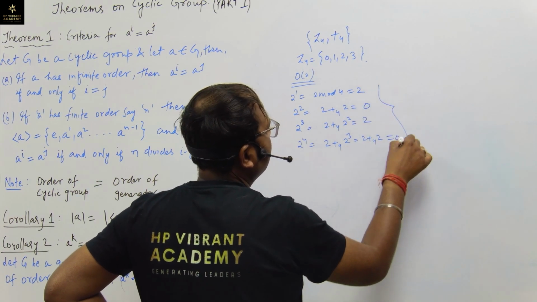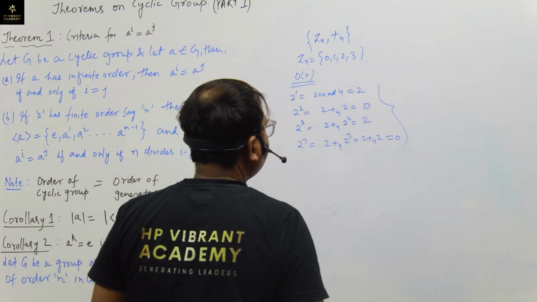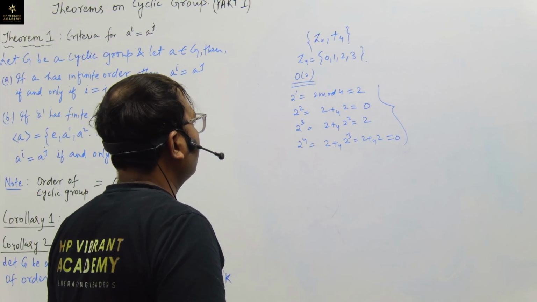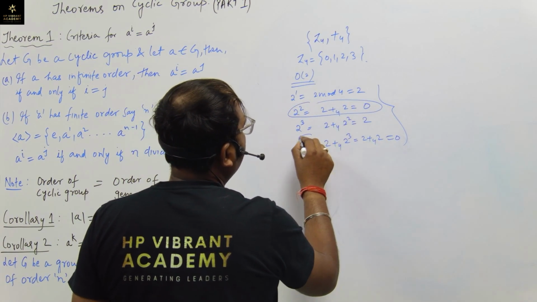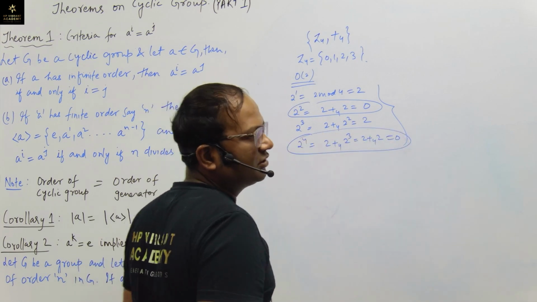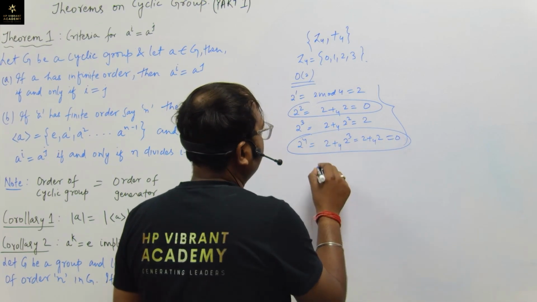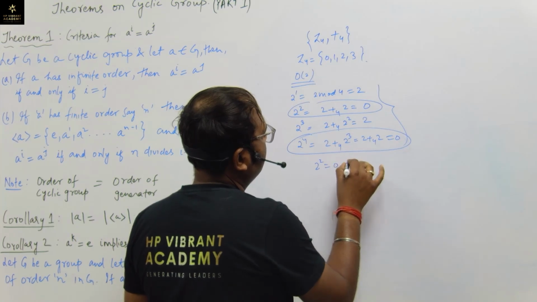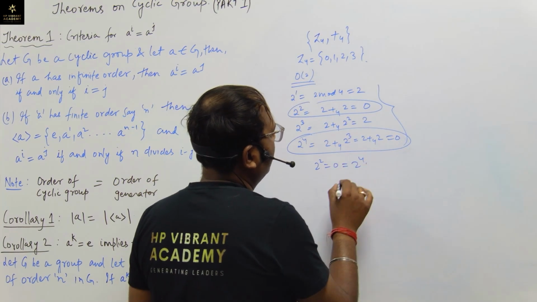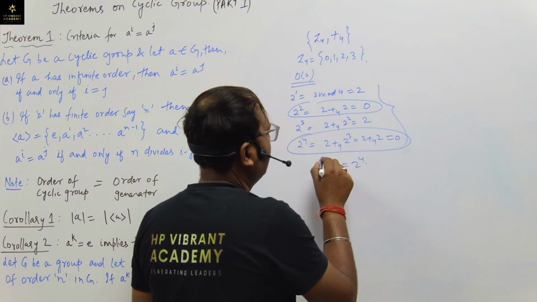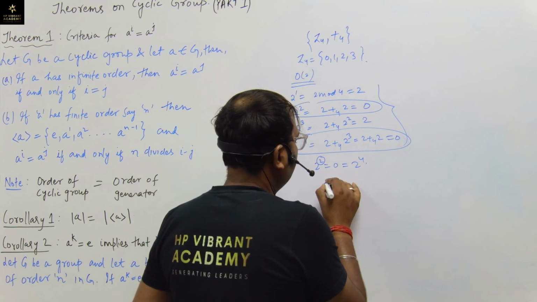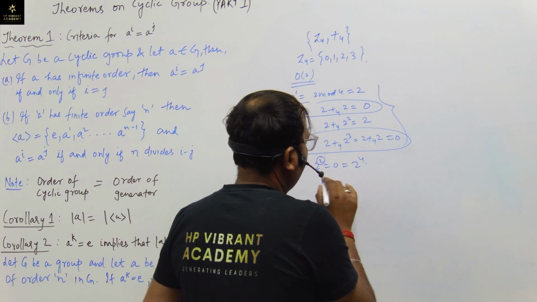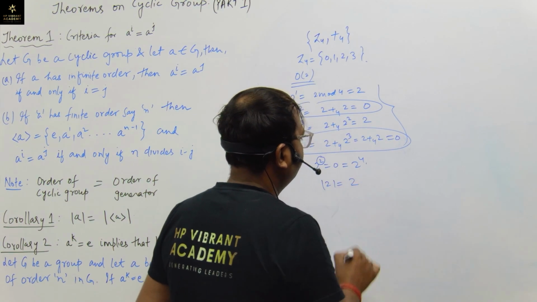So elements are getting repeated. Based on the concept of order of the element, we have 2 squared equal to 0 and 2 to the power 4 also 0. Both are giving the identity element, so we have to take the smallest natural number. So the order of element 2 is equal to 2.